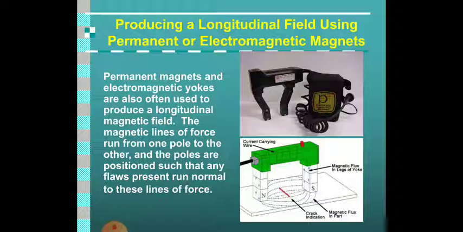So the passage of the current through the workpiece creates a local circular magnetic field in the area between the contact points. This method is usually used extensively for localized inspection of weldments, where the area of interest is confined to the weld zone, and the probe must be securely held in contact with the part to avoid arcing at the contact points.